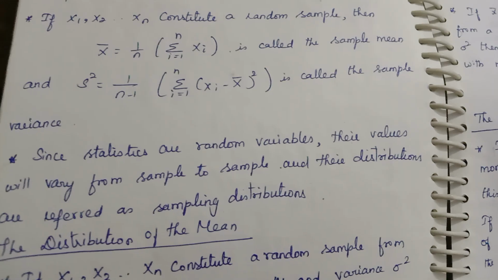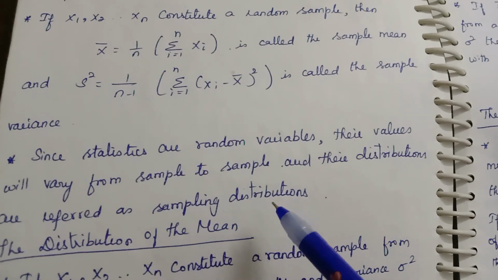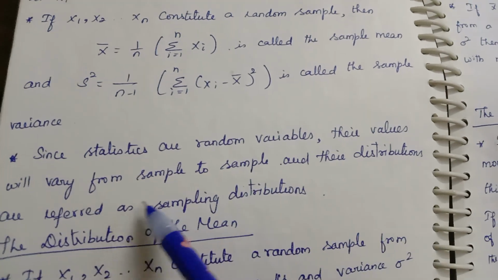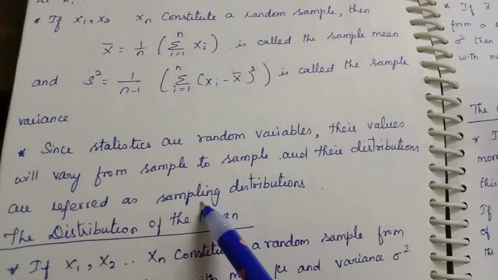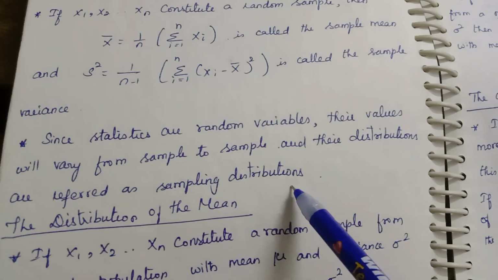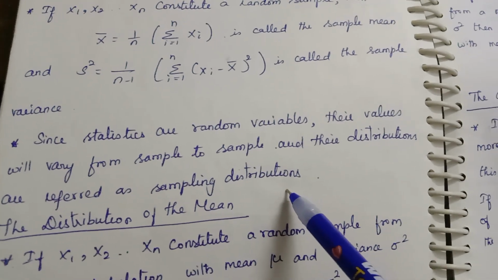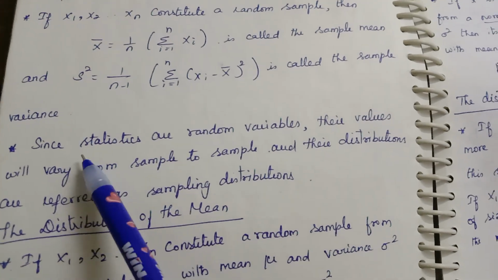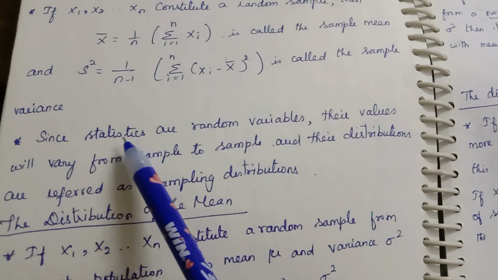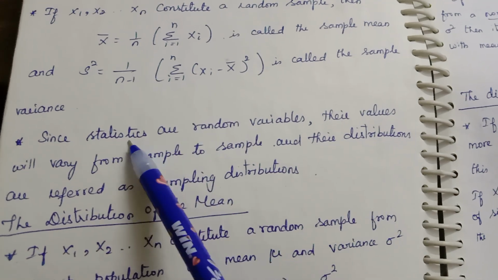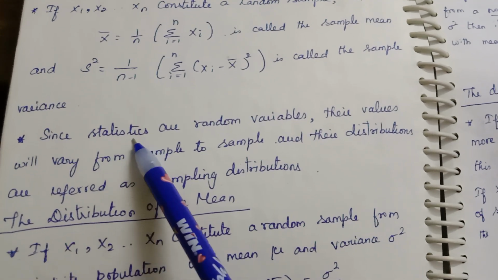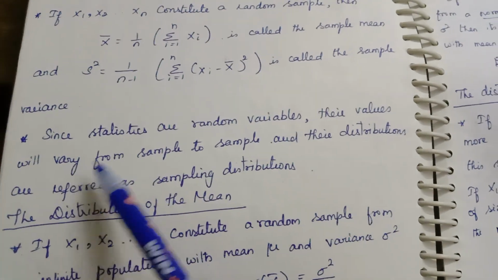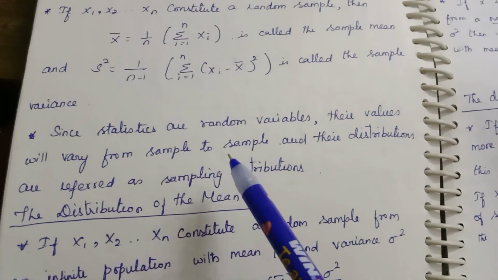Those samples drawn from the same population will form a distribution, and that distribution is called the sampling distribution, because they will also vary and need not be the same all the time. The statistic means the measures of the random sample. They are all random variables, and their values will vary from sample to sample. That is, I am taking one sample.